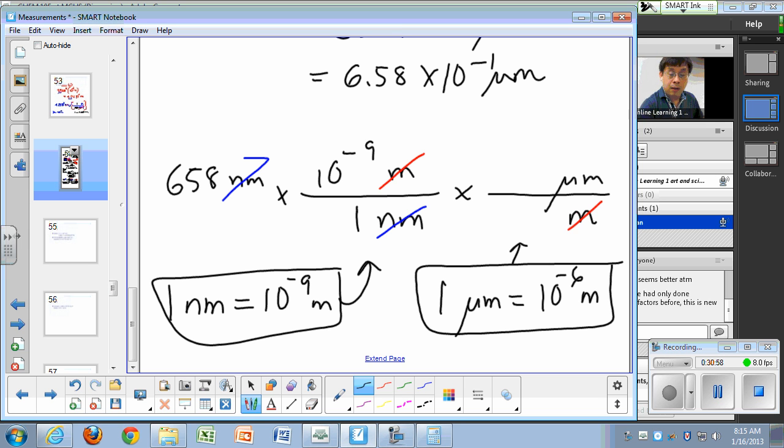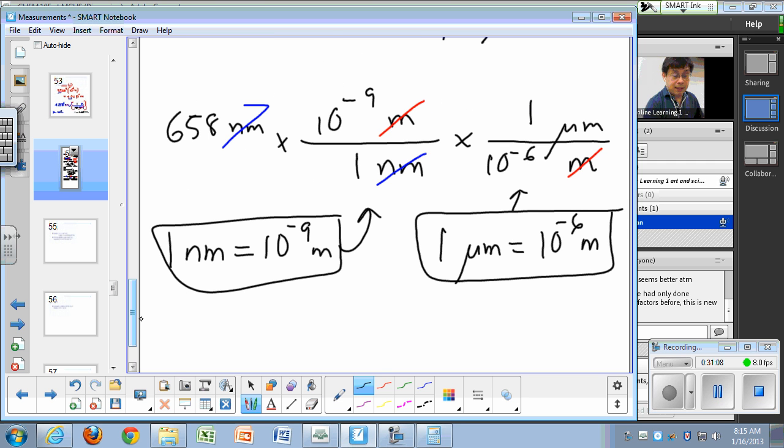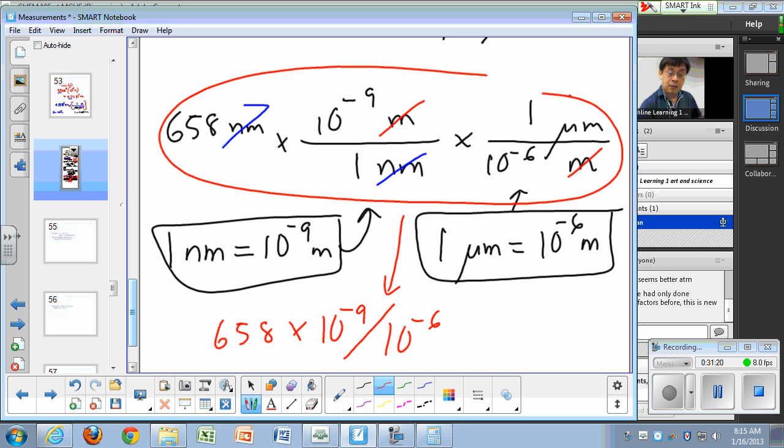I'm going to say 1 micrometer is 10 to the -6 meters. So I end up with basically the same answer. So all of this becomes 658 times 10 to the -9 divided by 10 to the -6, which is the same thing, 658 times 10 to the -3 micrometers.